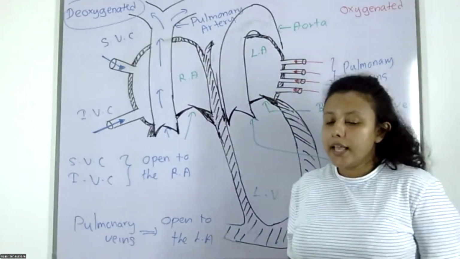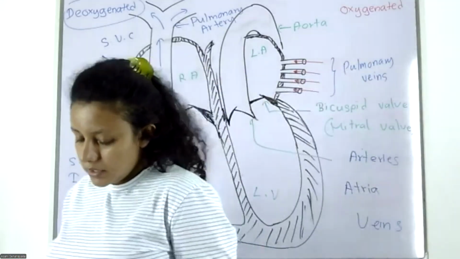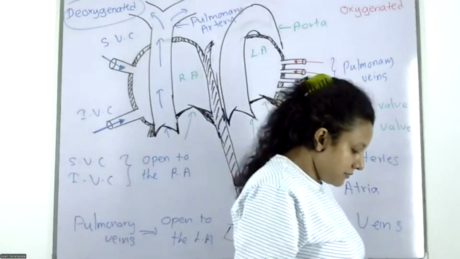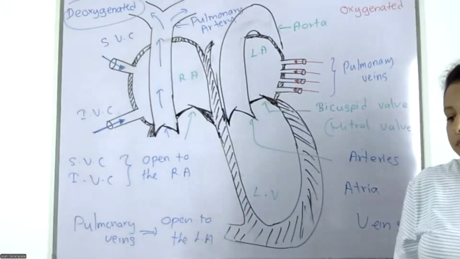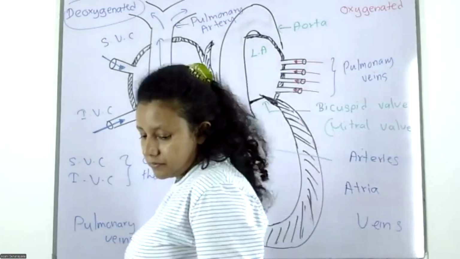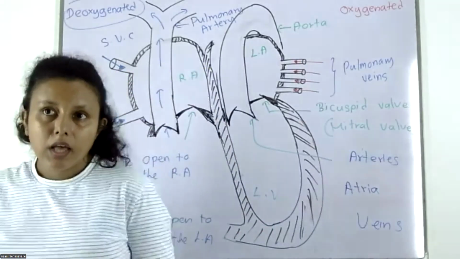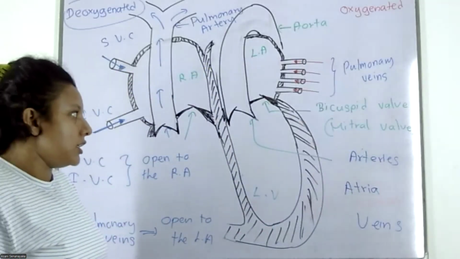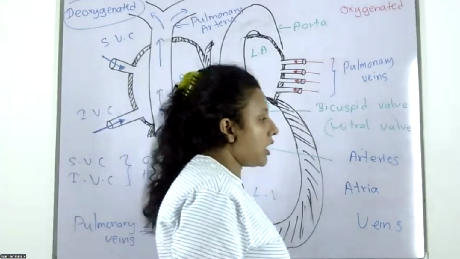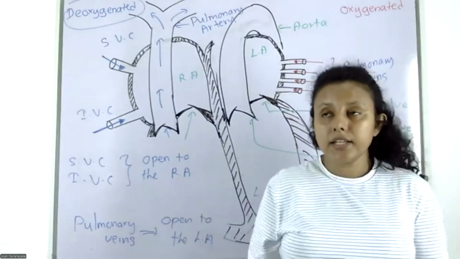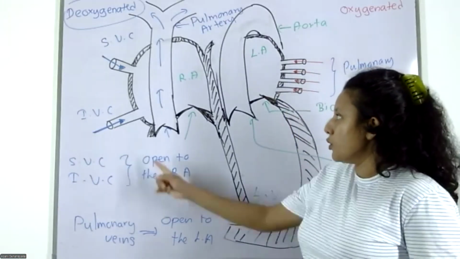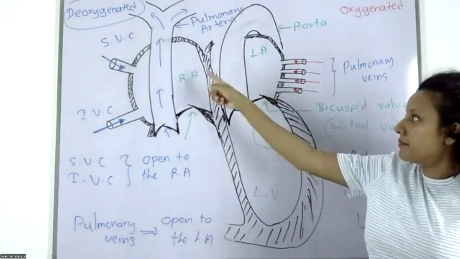Next point. There are valves at the starting point of the arteries. Now you know what is there, the pulmonary artery now.